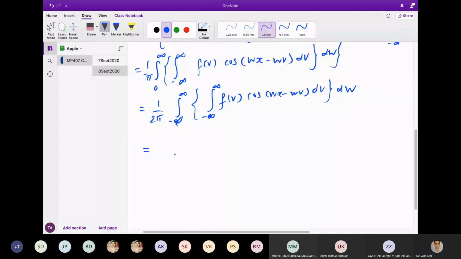Now for the sine function, if you do the similar term for the sine, then that is going to be equal to 0.